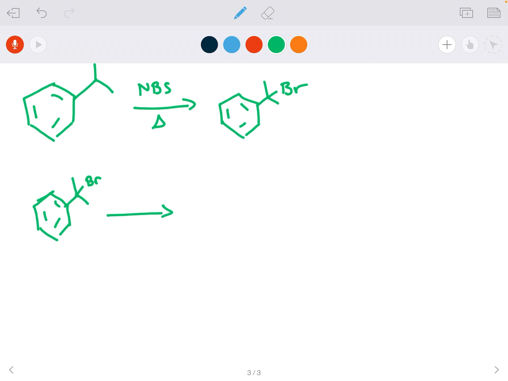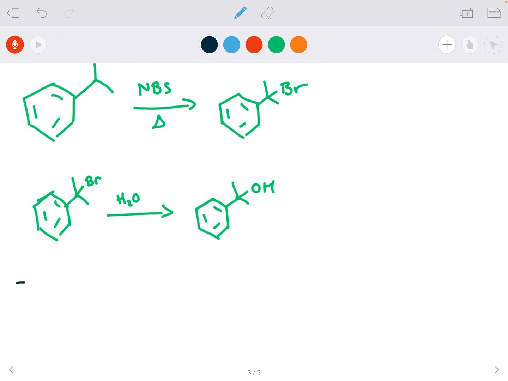I could react this with, say, water, and I could proceed via an SN1 mechanism to get that as my product, right? Because water is a weak nucleophile, so it'll undergo SN1. That's another thing that's happening at this benzylic position.